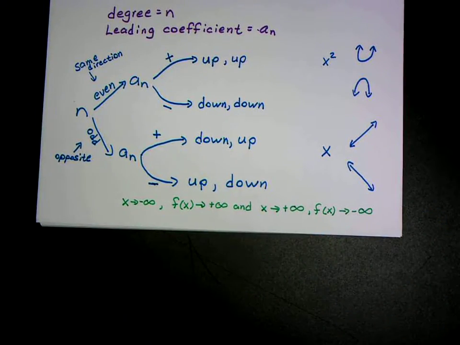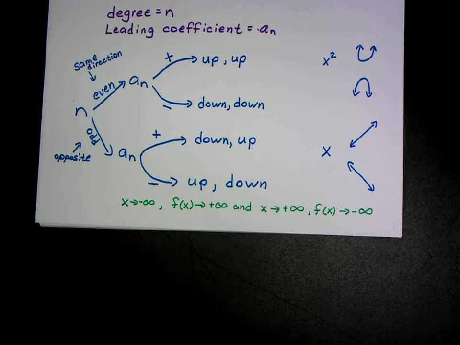That's the technical way of writing that last one. That is a lot of writing. I don't like writing, so I'm okay with you writing up and down, any way you can convey to me that the left-hand side goes up and the right-hand side goes down.